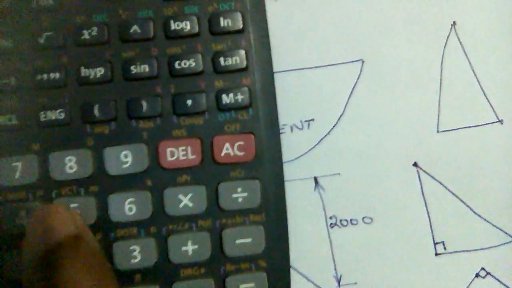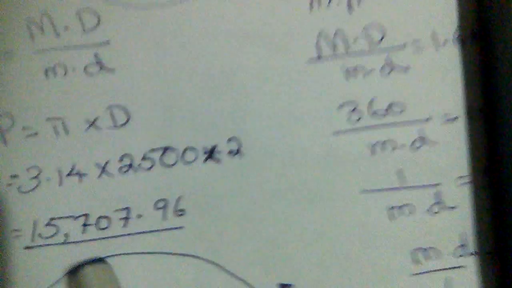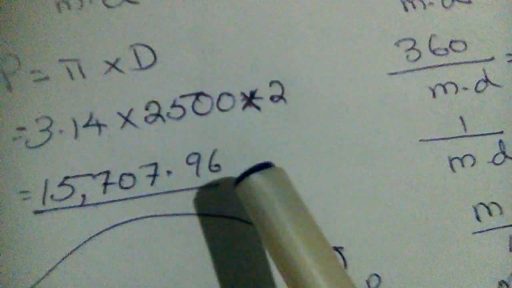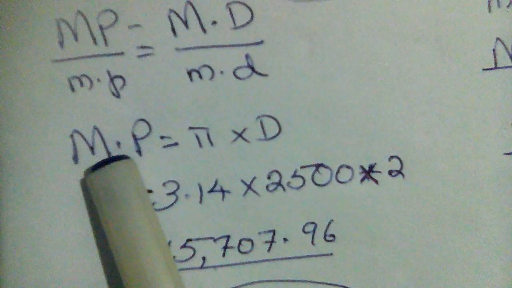Pi into 2500 into 2 is equal to 15,707.96. We got 15,707.96. What is this? This is the major perimeter.